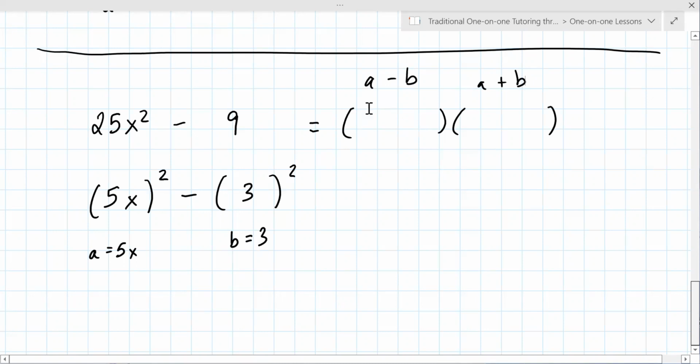So what goes in this first position here? 5x minus 3. Yes. And how about in the second position? 5x plus 3. So the real challenge here is figuring out your A and your B. That's the real challenge of this.